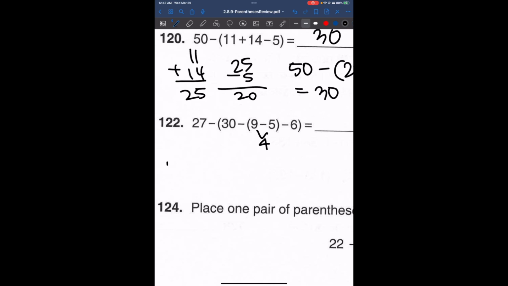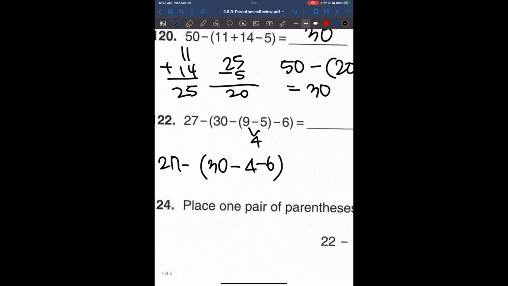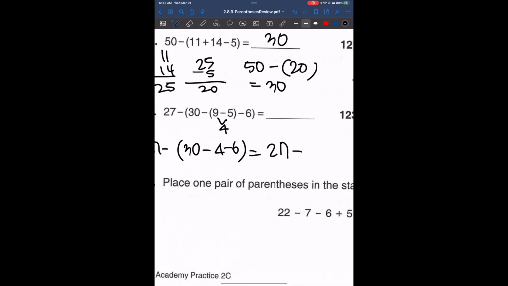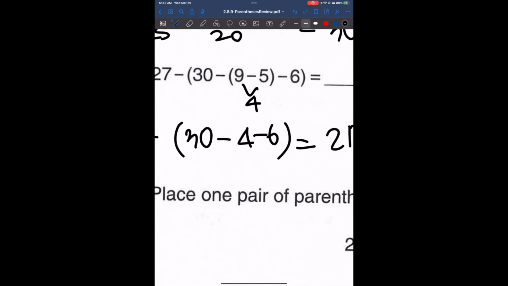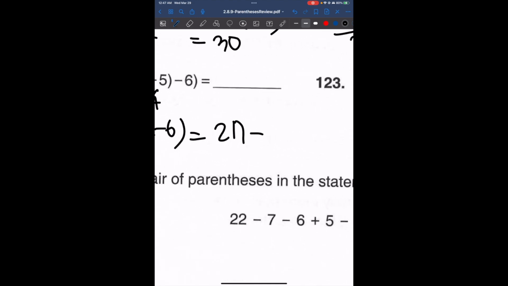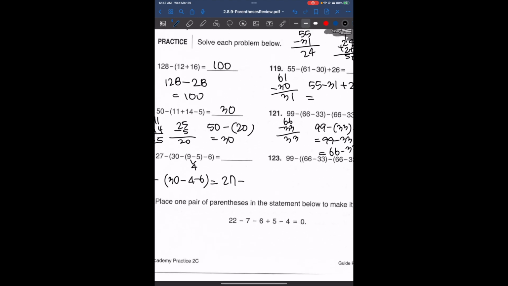That gives us 27 minus (30 minus 4 minus 6). Inside the parentheses, 30 minus 4 is 26, and 26 minus 6 is 20. So that gives us 27 minus 20 equals 7.